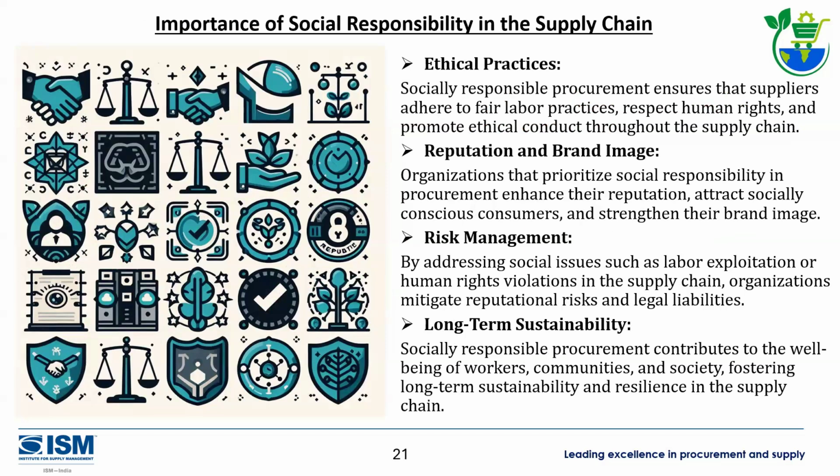Risk management, so that labor exploitation and human rights violations don't happen in the entire supply chain. Well-being of the worker, well-being of the community. So human rights also play an important role in social responsibility in procurement. I'll talk about that in the next slide as well.